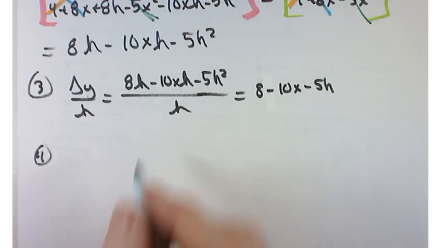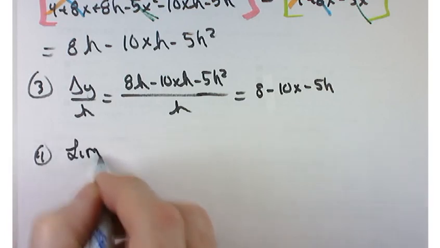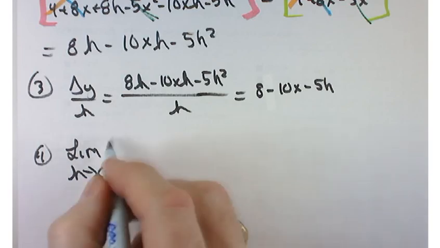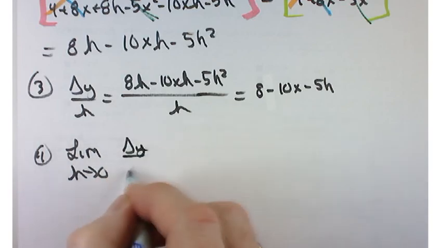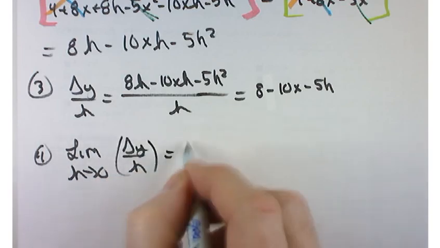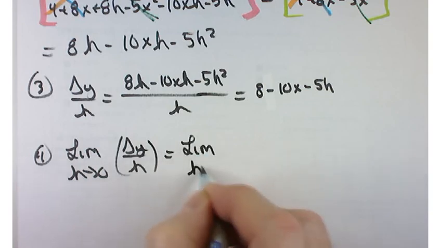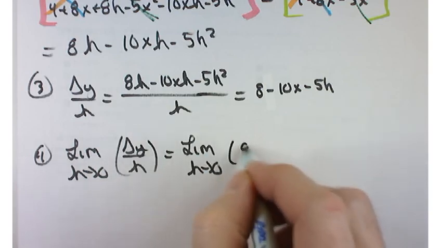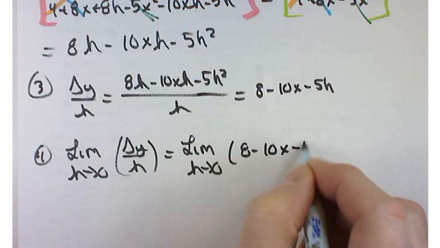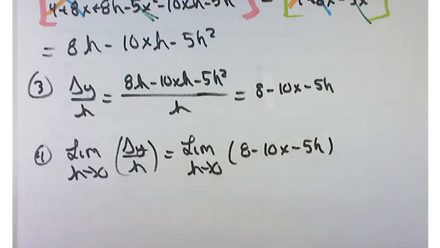Last step. I need to take the limit as h approaches 0 of delta y over h, which is 8 minus 10x minus 5h. What's that limit? 8 minus 10x.